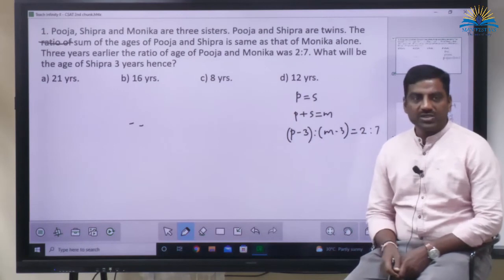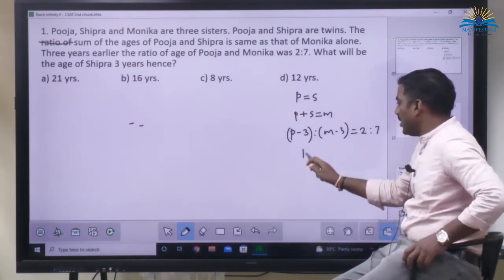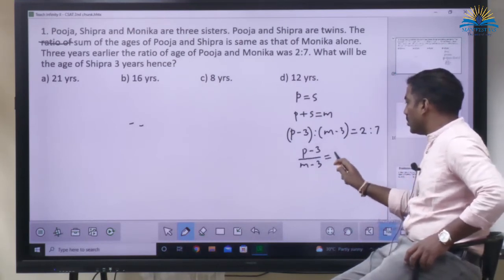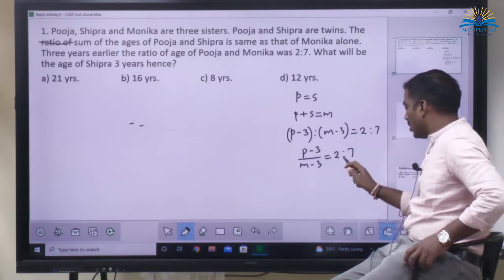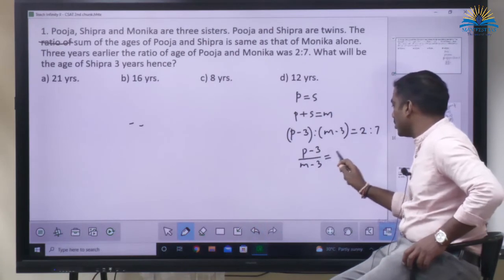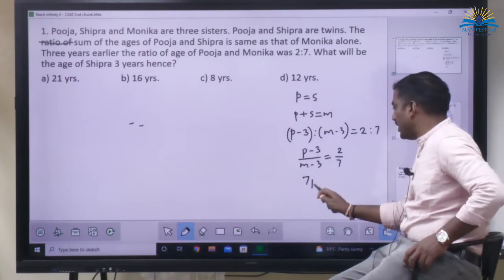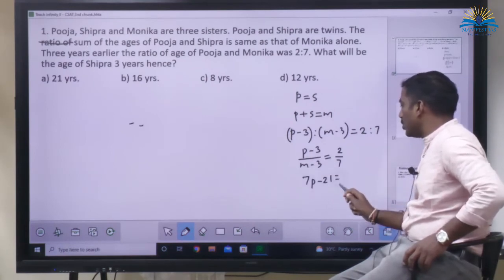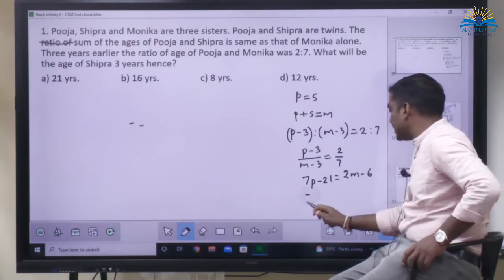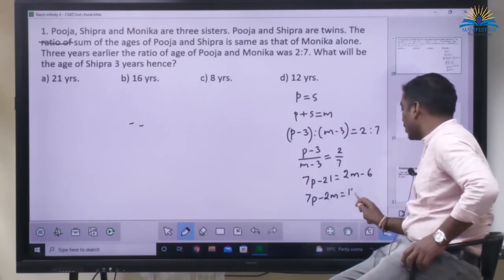Now we got one more equation. Okay, I'll show you. P minus 3 divided by M minus 3 is equal to 2/7. Cross multiply. 7P minus 21 is equal to 2M minus 6. 7P minus 2M is equal to 15.